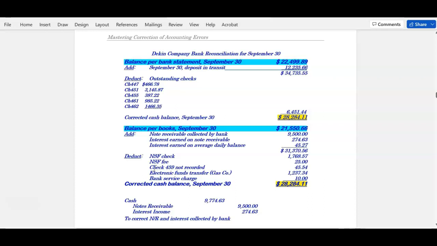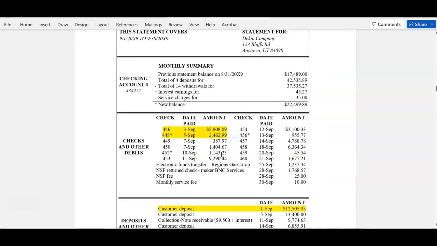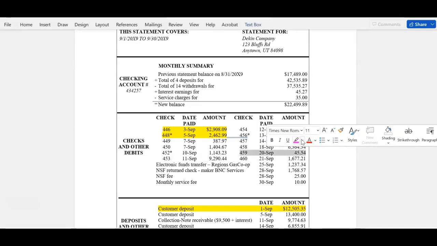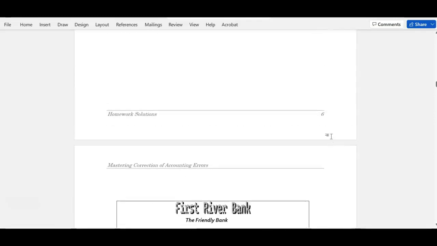If you forgot to record one of those checks, you see that check 459. You see 459, look at that. So the 459, which is that check, $459, that check, already $5.54.